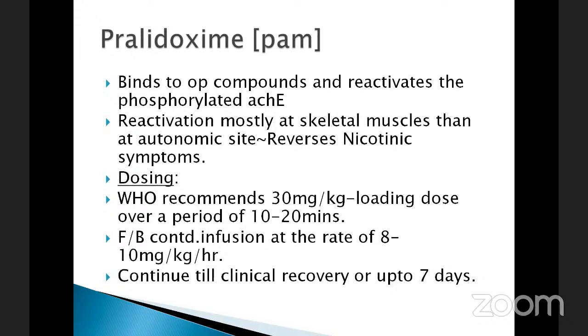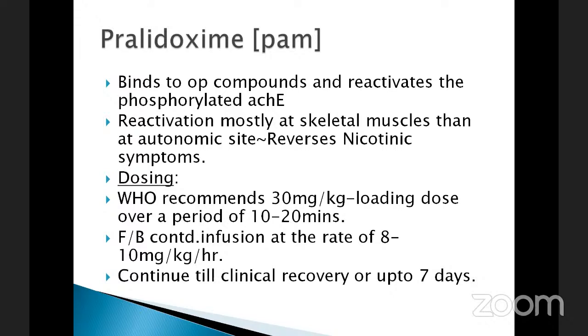Another thing is, when an OP poisoning patient comes, is there any difference between compounds? Suppose monocrotophos, dichlorvos, pirimiphos, chlorpyrifos. Is there any significance of which compound? Because a few compounds are dangerous.